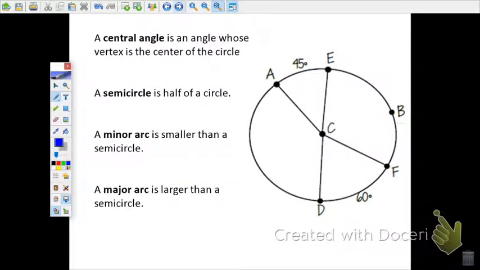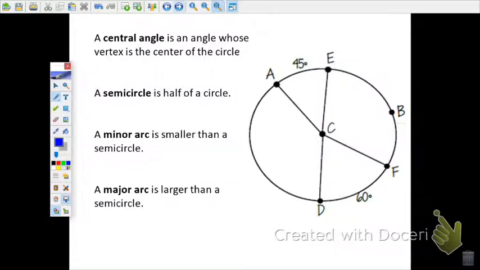Then moving to the next page in your notes, we've got some other things that we're going to talk about. First one is the central angle, upper left-hand corner. Again, we want to look at a definition and then how to name it. A central angle is an angle whose vertex is at the center of the circle.